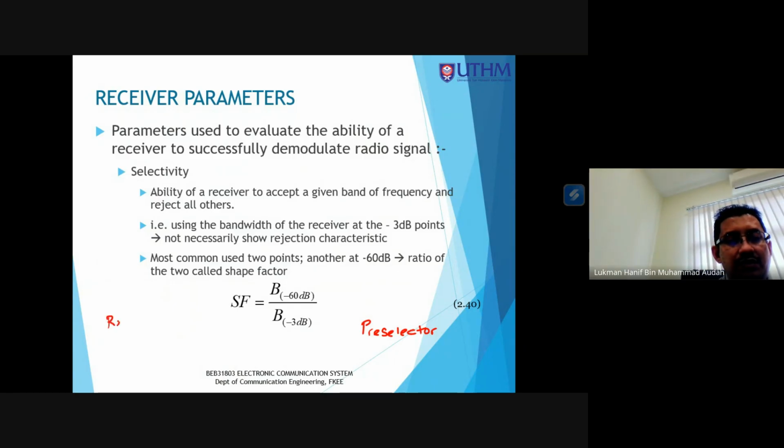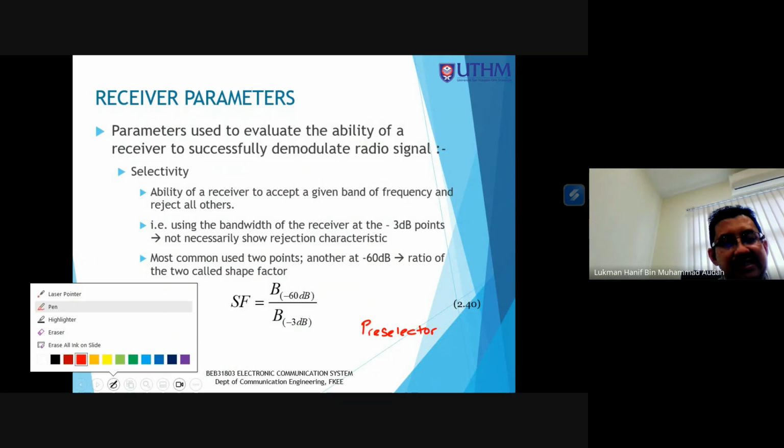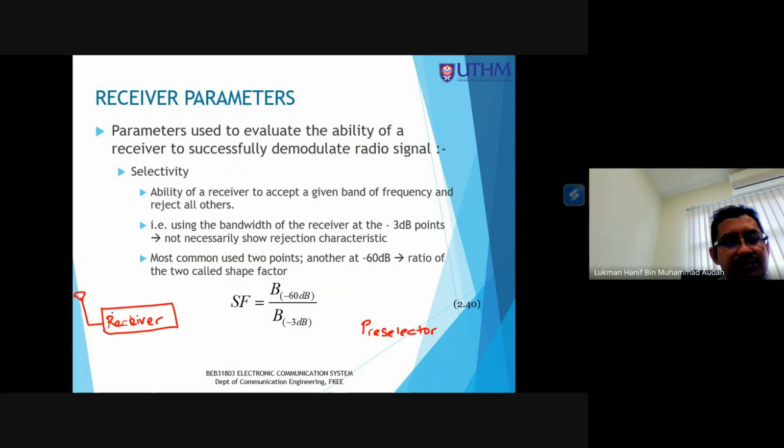If I draw the picture of the receiver, this is the antenna. The pre-selector is the front side of the receiver section. Over here we have the pre-selector.